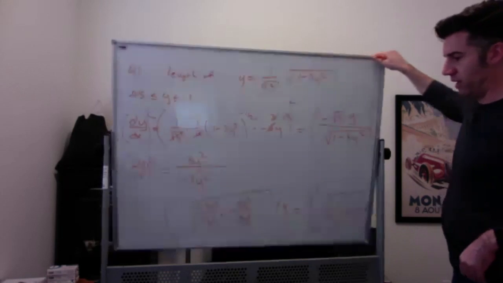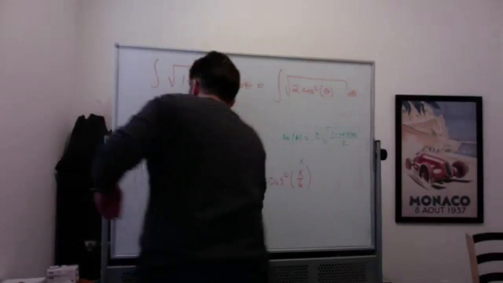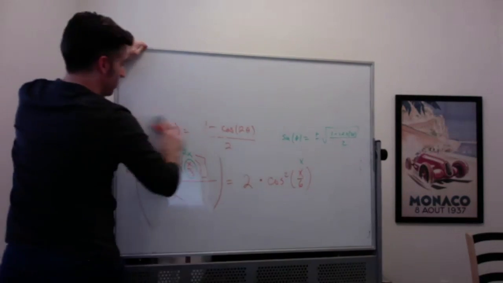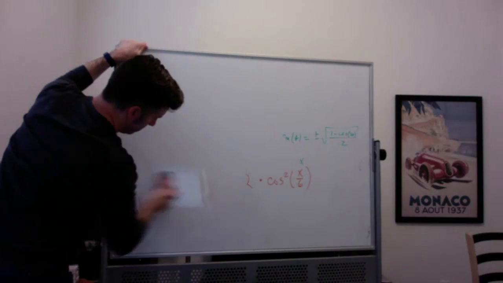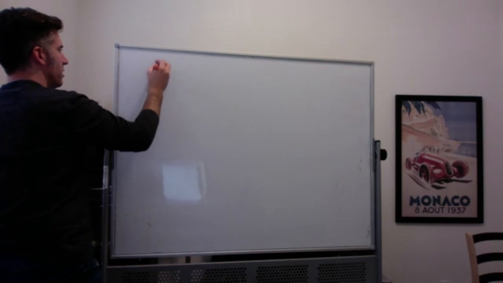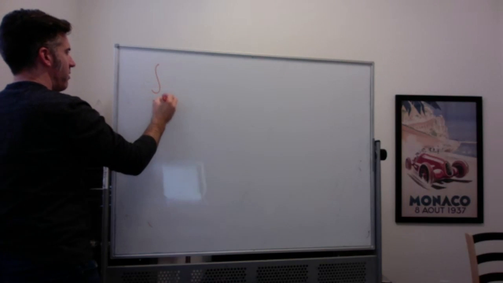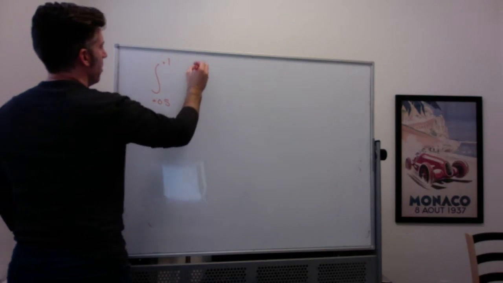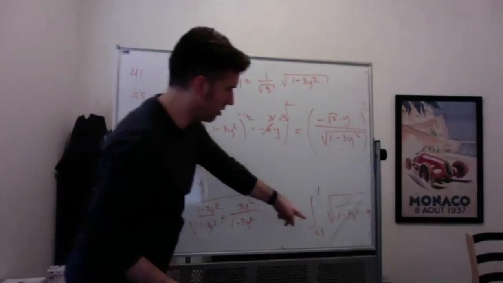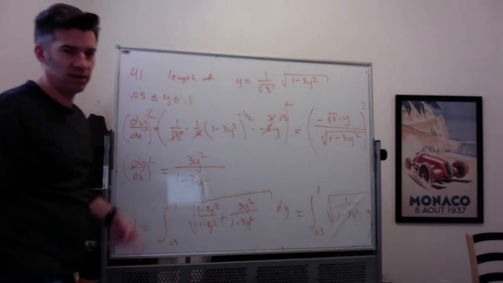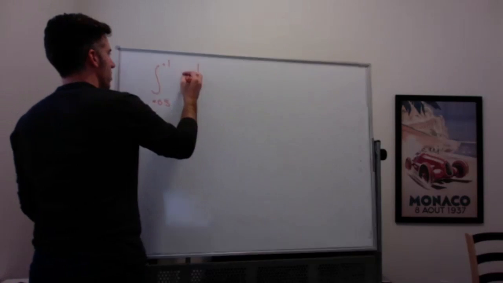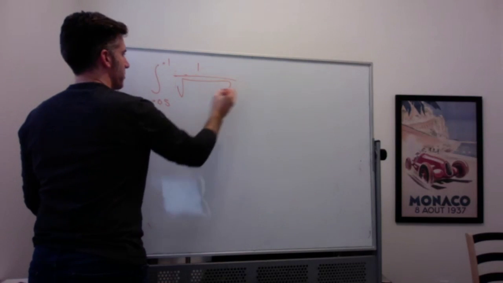Okay, let's do that on the other side. Because this is where I have to remember how to do it. Or one of you has to remind me how to do it. So I've got the integral from 0.05 to 0.1 of 1. Oh, sorry. So I should point out the square root of 1 over 1 minus 3y squared is just 1 over the square root of 1 minus 3y squared.